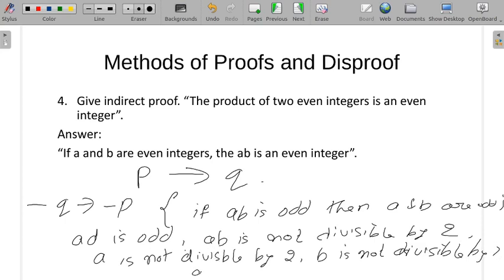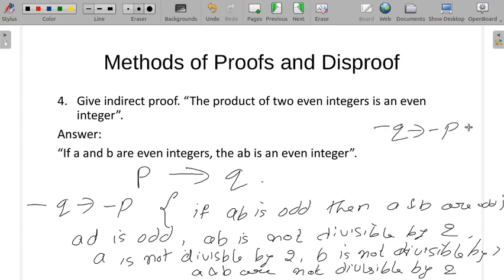So that means both a and b are not divisible by 2. If that is the case, that means a and b both are odd. So we are proving that negation q conditional negation p is true. As a conditional and its contrapositive are logically equivalent, p conditional q is true by the method of indirect proof.